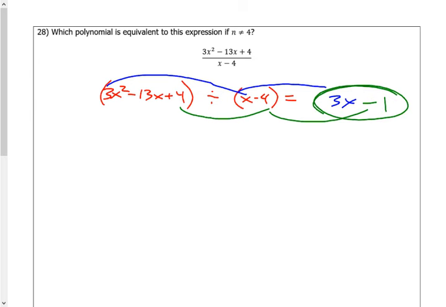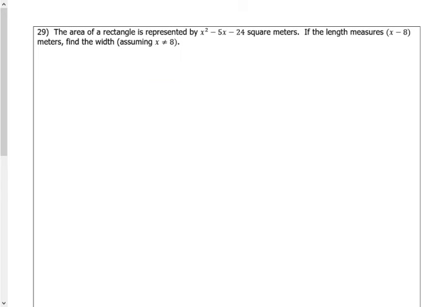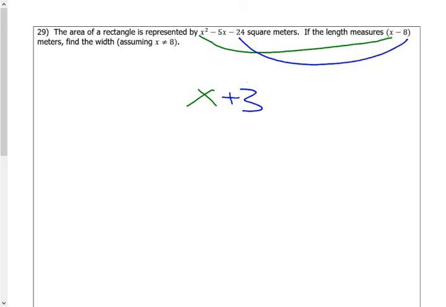And there's your answer. Again, only because there is not a remainder here. Okay? And this will be the same thing. x squared divided by x is x. 24 divided by 8 is 3.